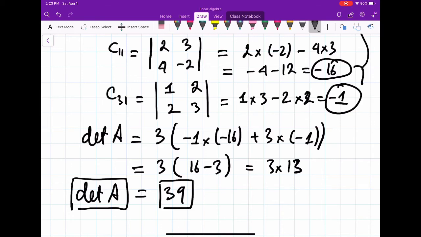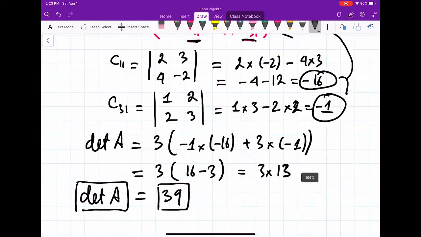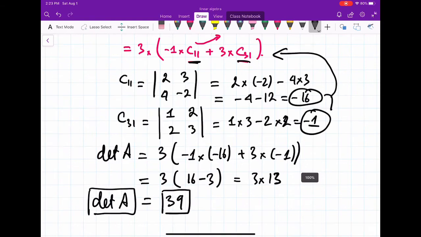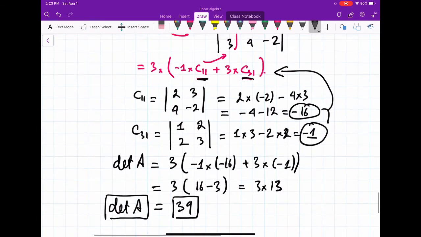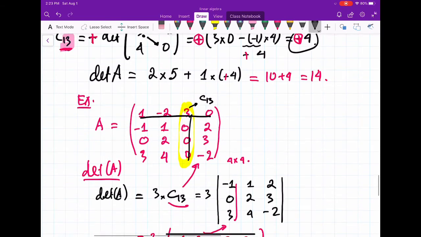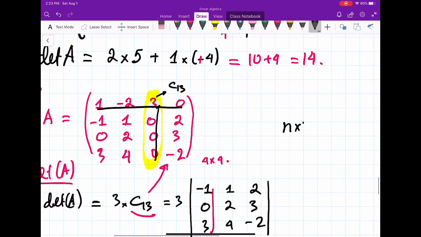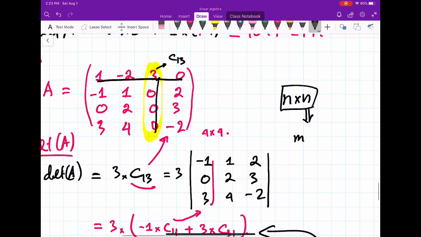Okay, so based on this example, you might think about it: if you have a matrix of n by n, right, and you need to find the determinant of this matrix, you expand the determinant along some row or column with more zeros, and you move to matrices of n minus 1 by n minus 1.